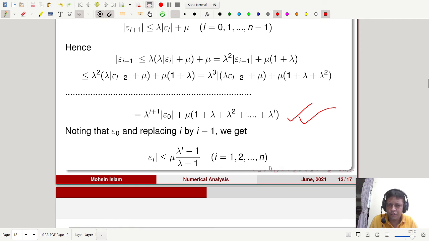That's the error relation, because it's a GP, a geometric progression.